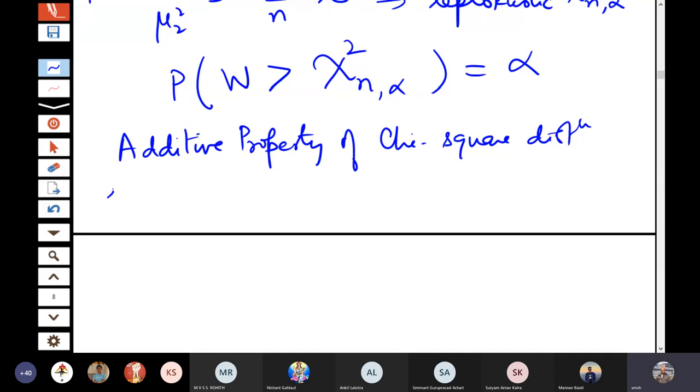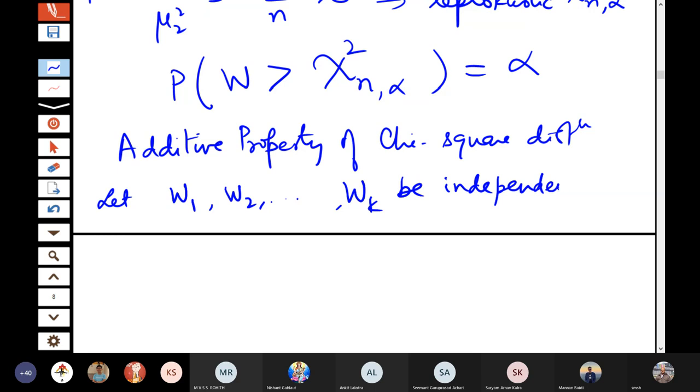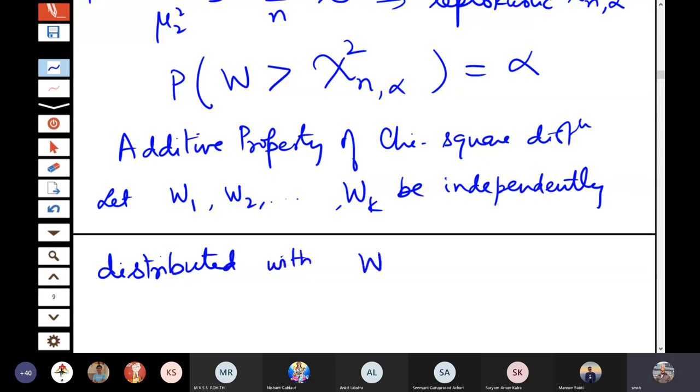So let W1, W2, ..., Wk be independent with Wi following chi-square on ni degrees of freedom.